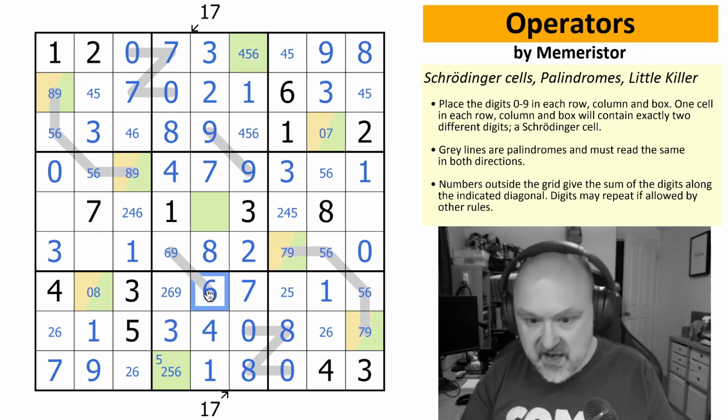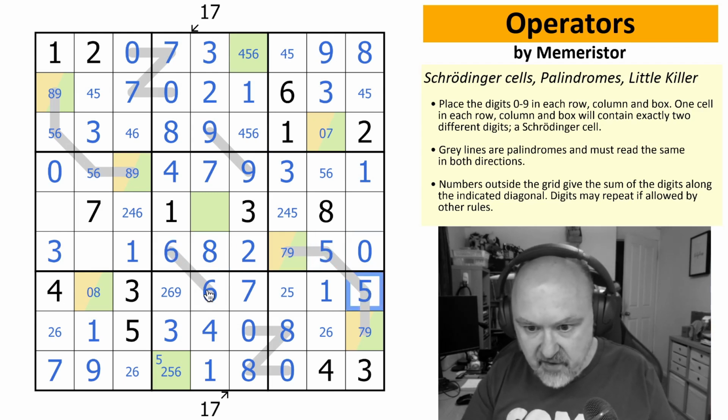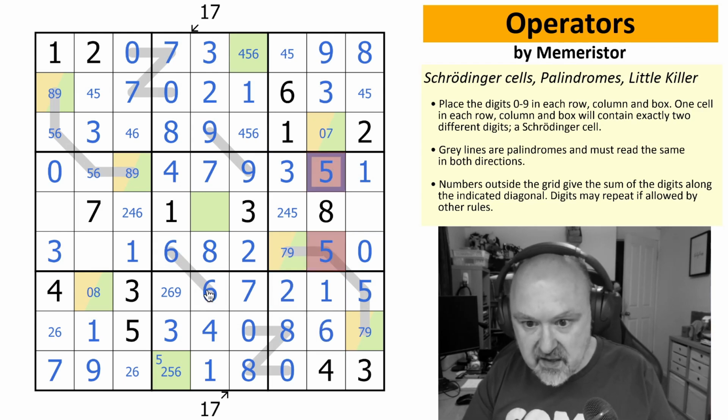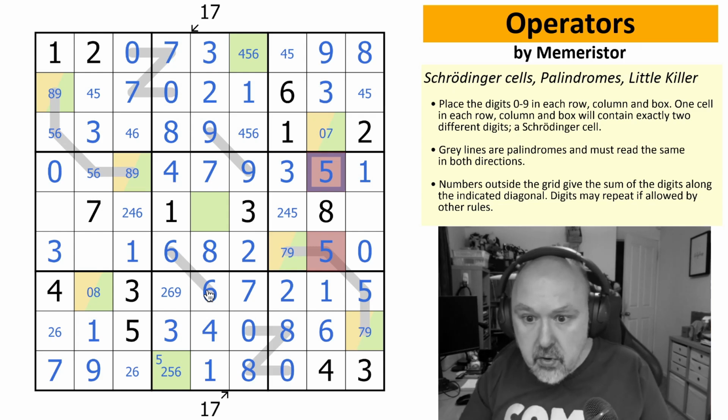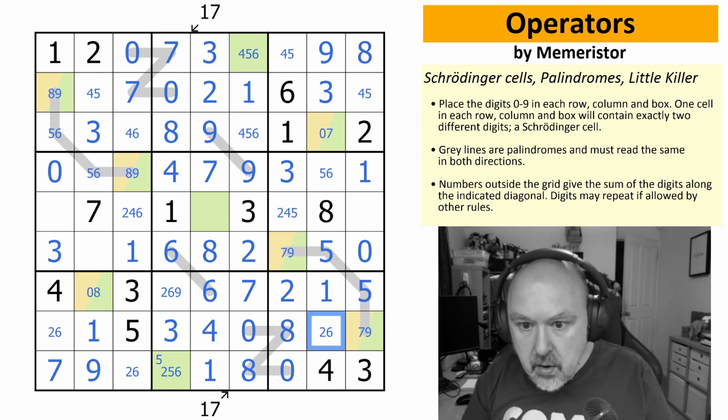That 9 looks down, making that 6 and that 6, which looks over, making that 5 and that 5, which looks over, making that 2 and that 6. The 6 looks up, making... No! What did I do wrong?